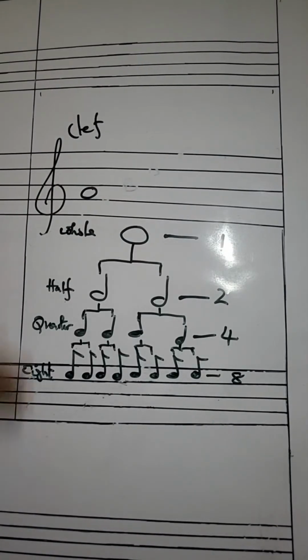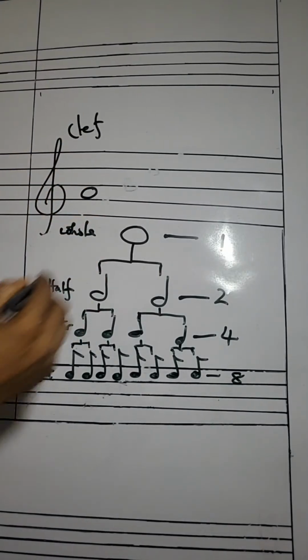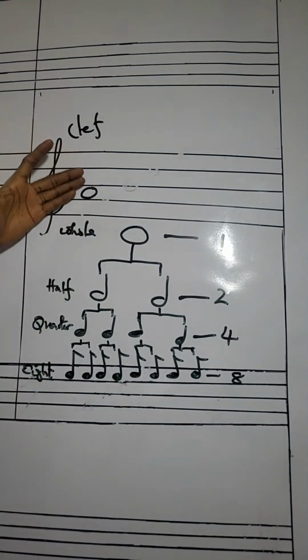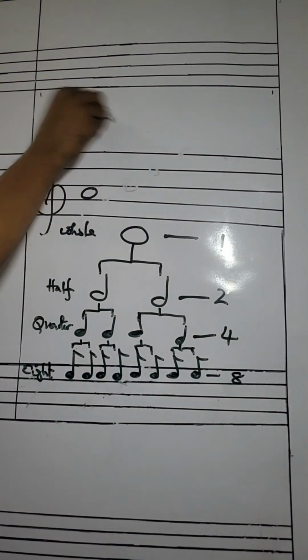These are the symbols you need to know, and these are the symbols you see on a daily basis in your sheet music. These are the values of the note. We've done the value and the duration.